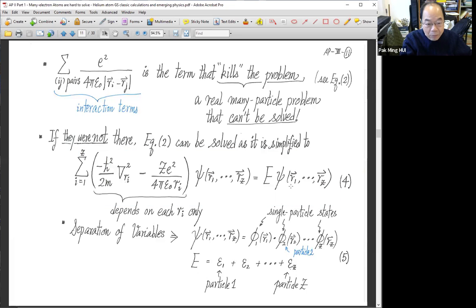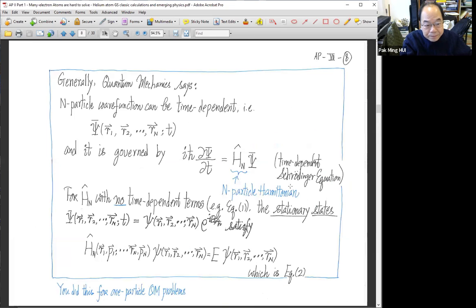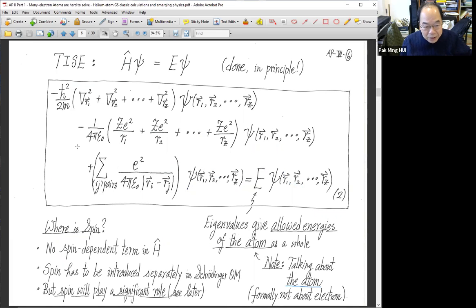What I'm saying is this. If this term is not here, then I can take the R1 kinetic energy with the R1 potential energy and group it into one bracket.